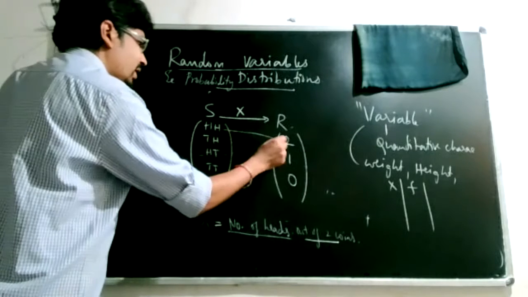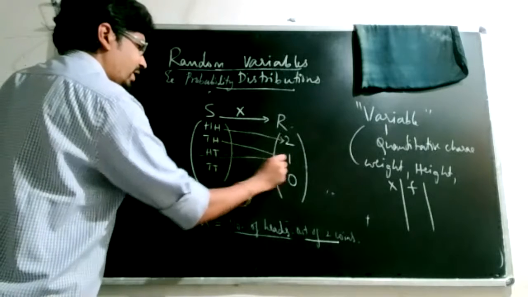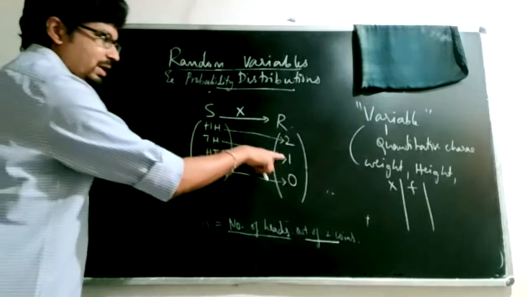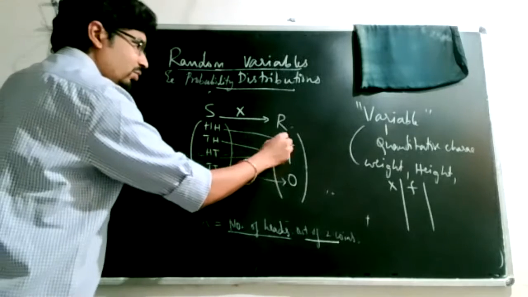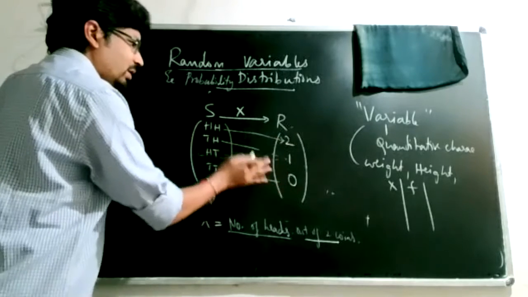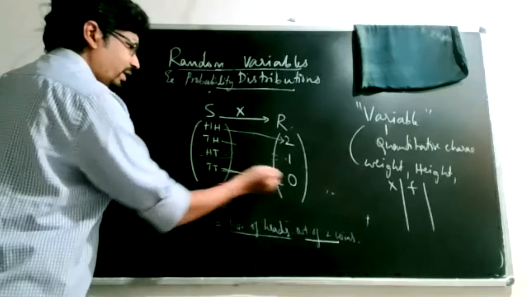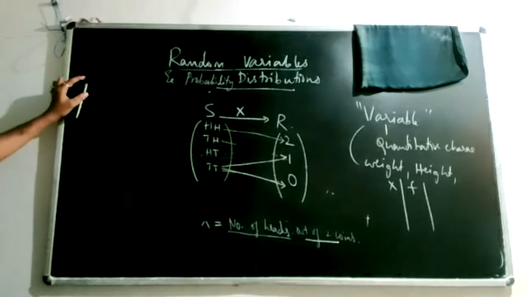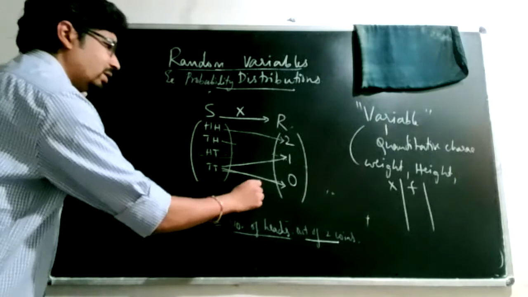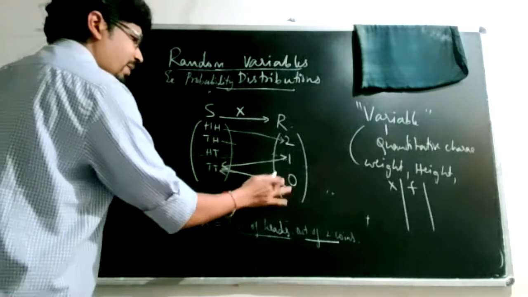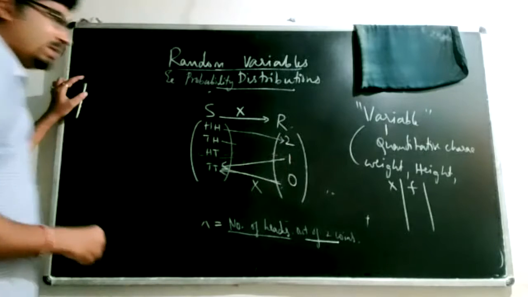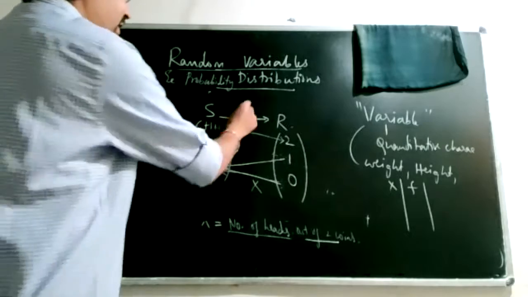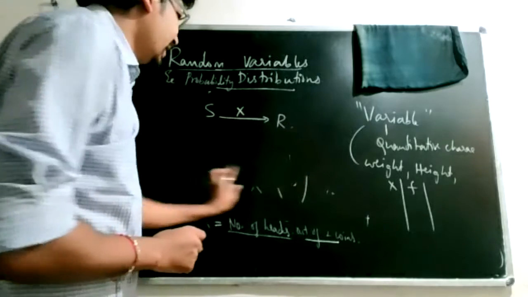What I'm saying is you can have a situation where two or more elements of the sample space take the same real number, but two or more real numbers cannot take the same particular outcome. So this inverse mapping should be such that it is just one. If this condition is satisfied, only then we call that function x a random variable.